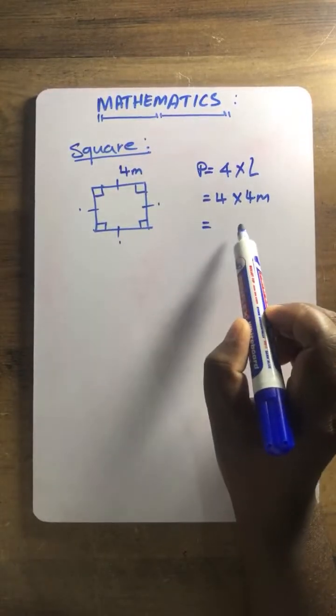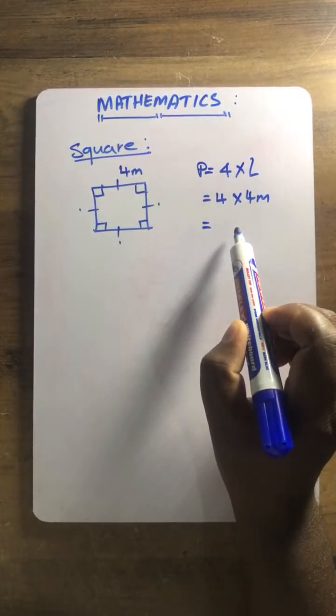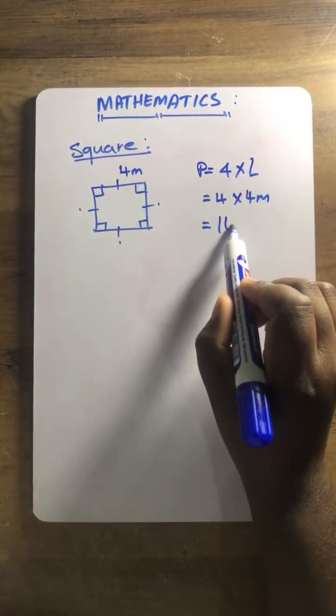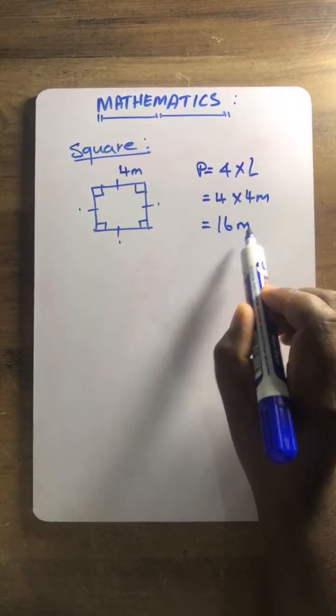What is 4 times 4? Is it 16? Let's see. 4 times 4. Yes, it is 16. So that means we have 16 meters.